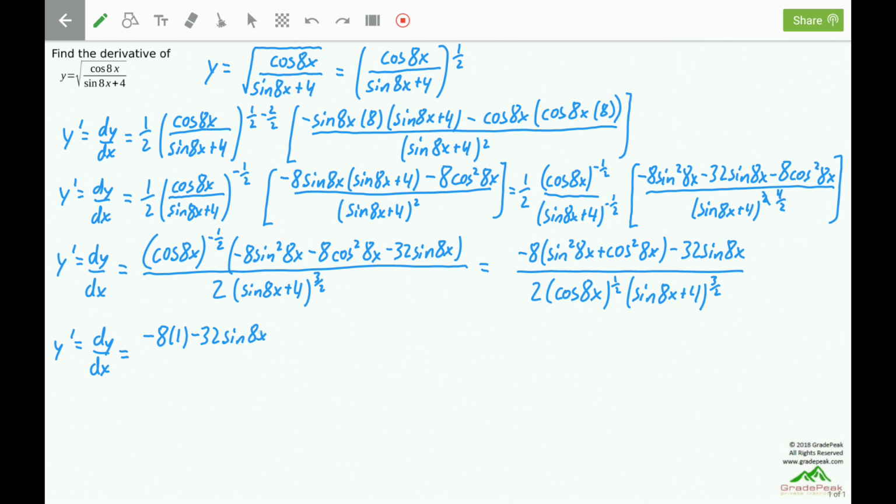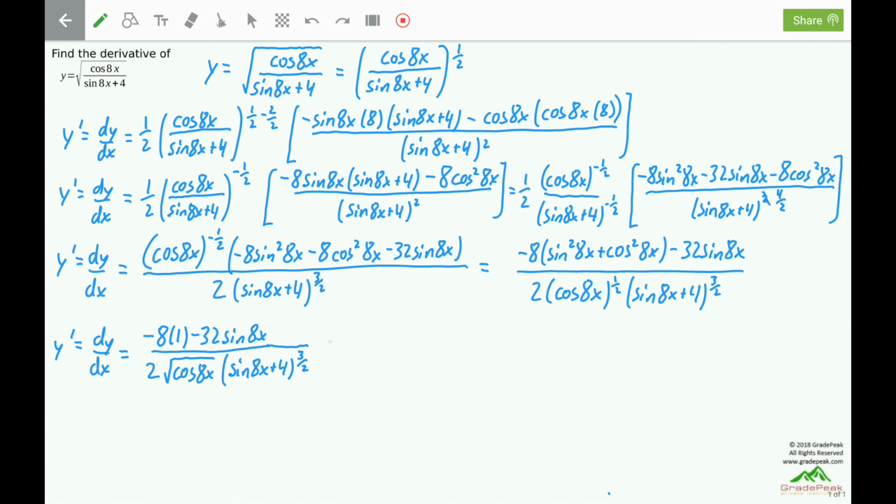And so y prime or dy dx will be -8 times 1 minus 32 sine of 8x, all divided by 2 times, we have a cosine of 8x to the 1/2. That means the square root to the first power, so the square root of cosine of 8x. We can write it that way. And then we have the sine of 8x plus 4 to the 3 halves power.